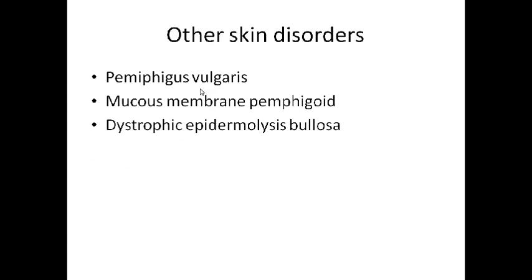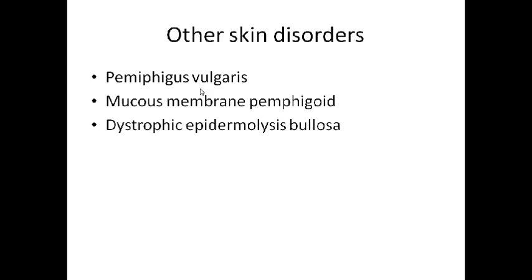Other skin disorders, again, some of these may not be as common. Pemphigus vulgaris is one of those. I mentioned the bullous skin conditions, autoimmune skin conditions that cause very large vesicles or bullae or bulla. That's one of them right there, Pemphigus vulgaris.